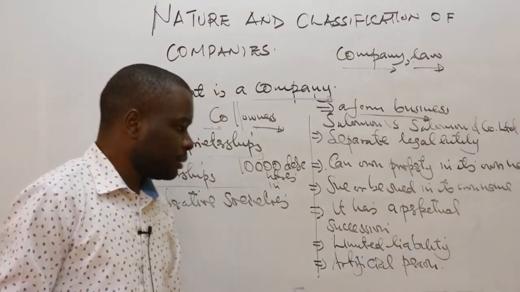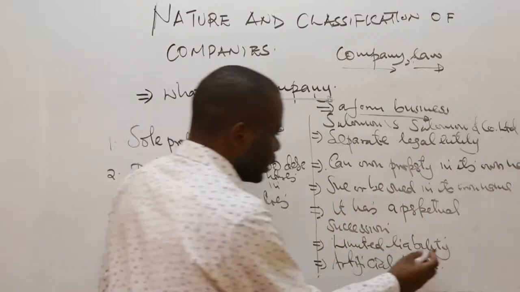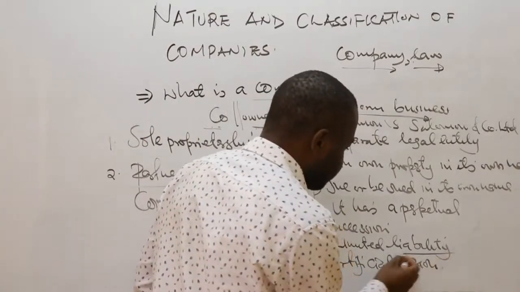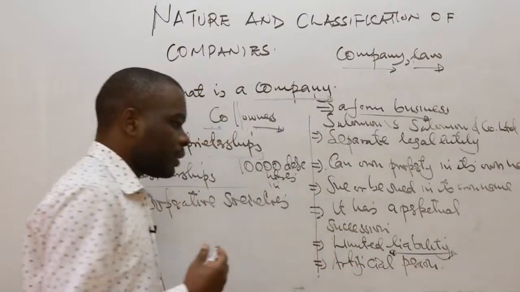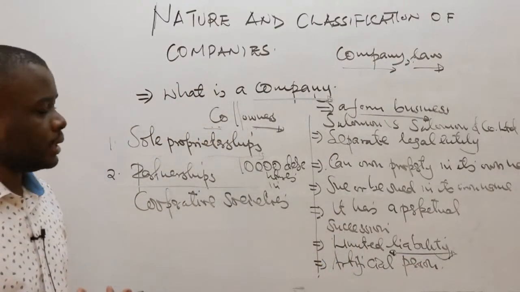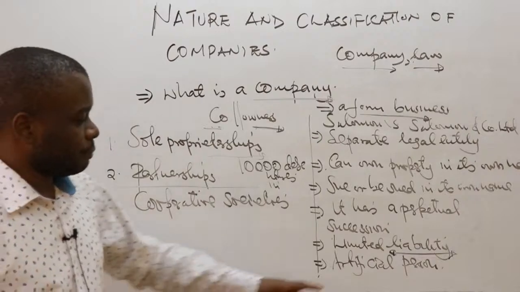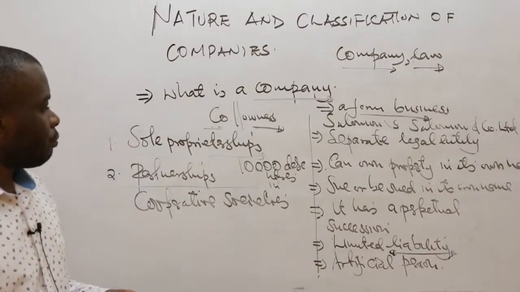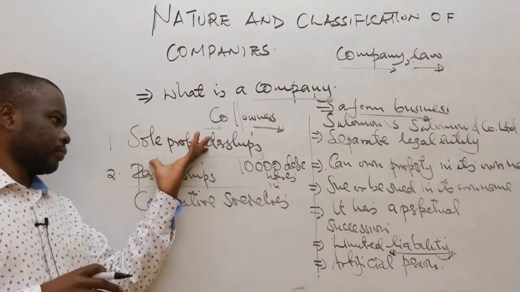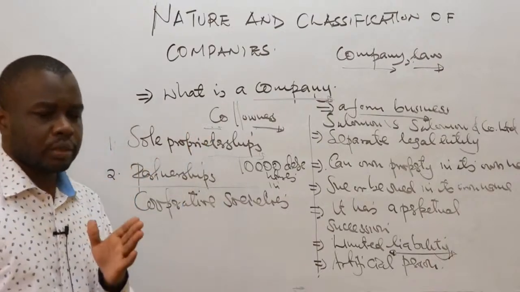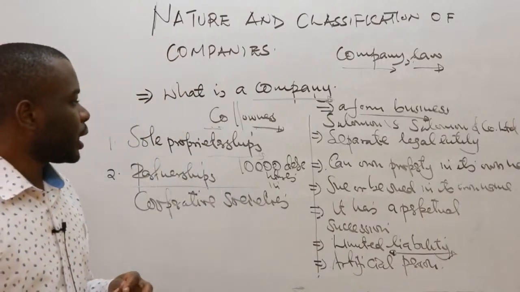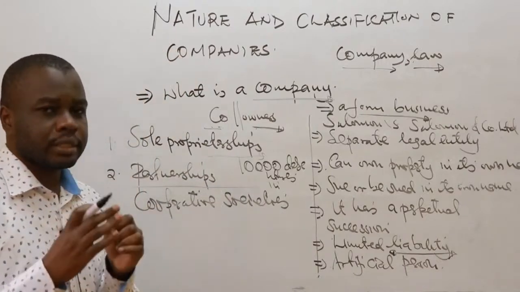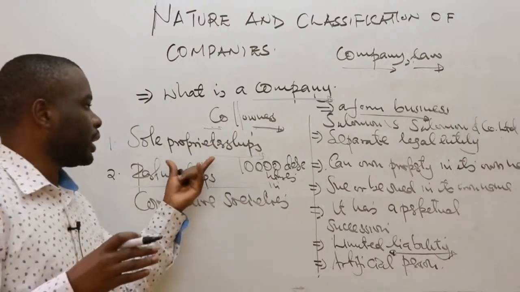Then limited liability. When you talk about limited liability, it basically means that in a company, the liability of the members, the owner of the company, can be limited. If you look at, for example, a form of business like a sole proprietor, or a small kiosk, the owner of a small kiosk operating in your neighborhood, you realize that the liabilities of the business are like those of the owner of the kiosk.